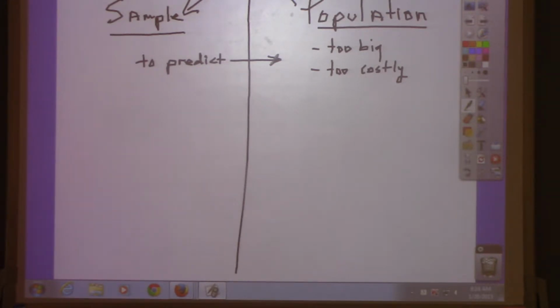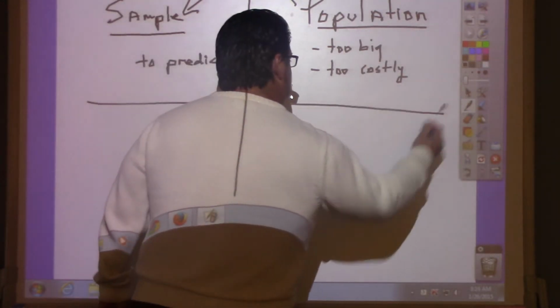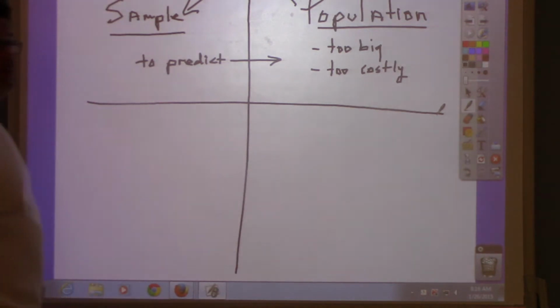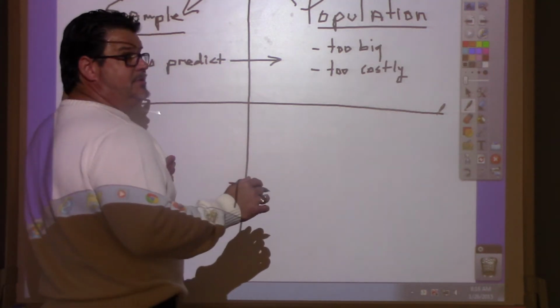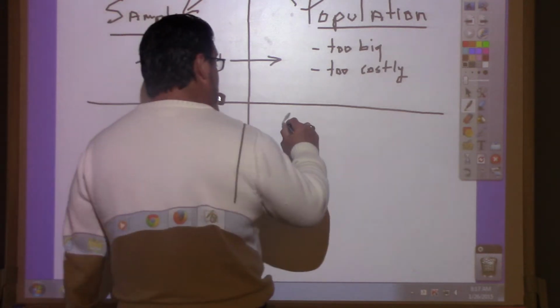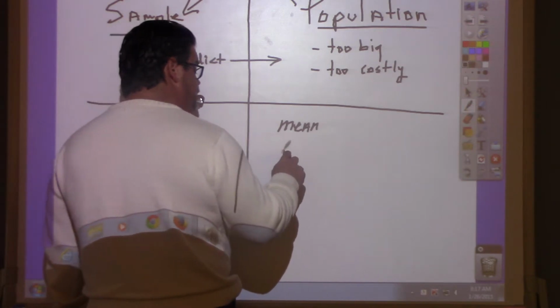Now, for students to understand which one that we're dealing with, when we're talking about formulas, we're going to have formulas for the mean, and we're going to have formulas for the standard deviation.